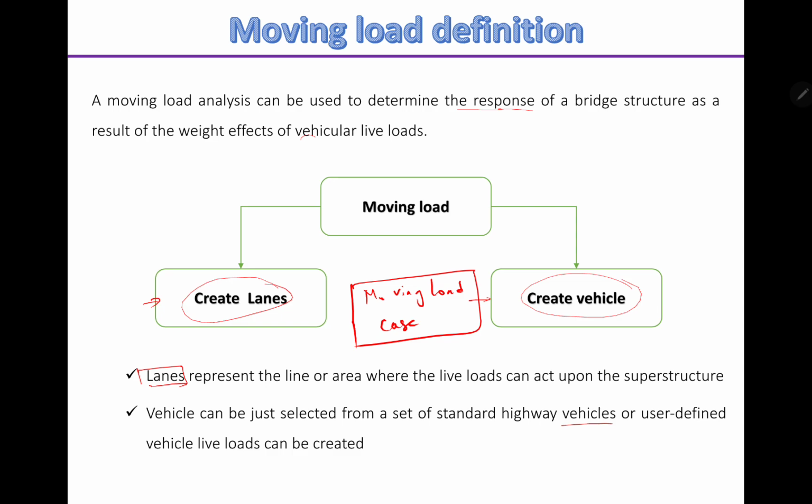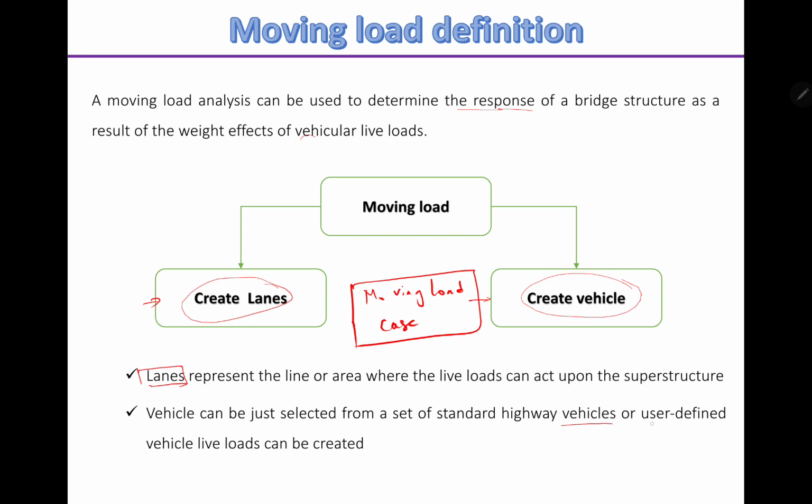So when we are designing the bridge, we should use code vehicles. They are not real vehicles, but vehicles defined in the code we are using. Or we can simply define a user vehicle live load, create it, and then apply it.